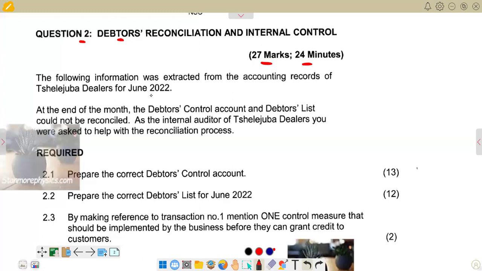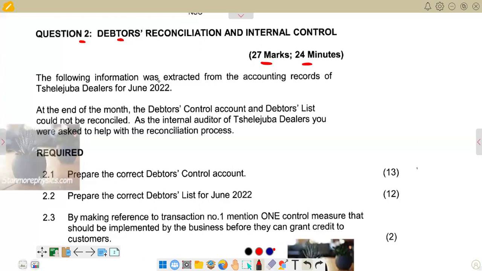So when we have a debtors reconciliation, remember this information from the source documents, that is the invoice, is entered in the books of original entry or the journals. It is then at the end of the period posted to what we call the debtors control, which is a ledger account.